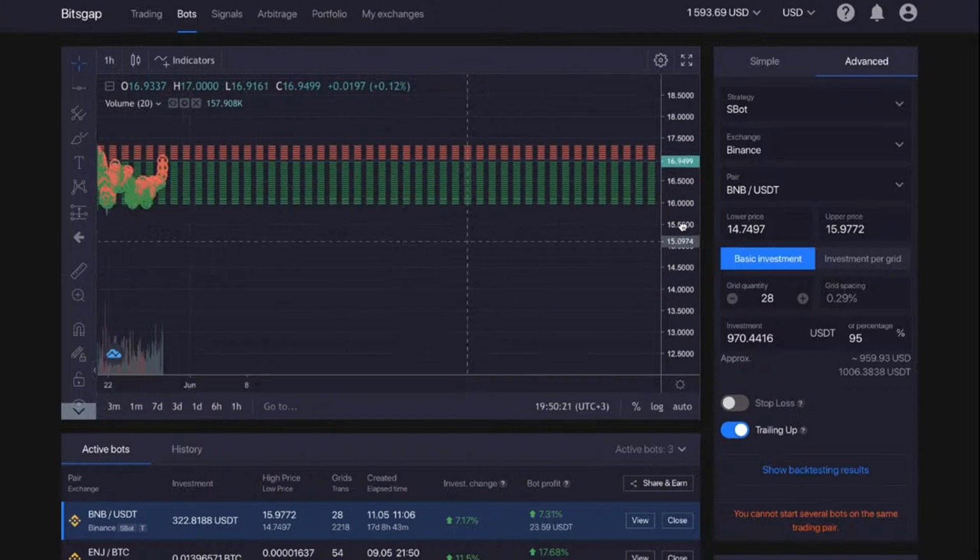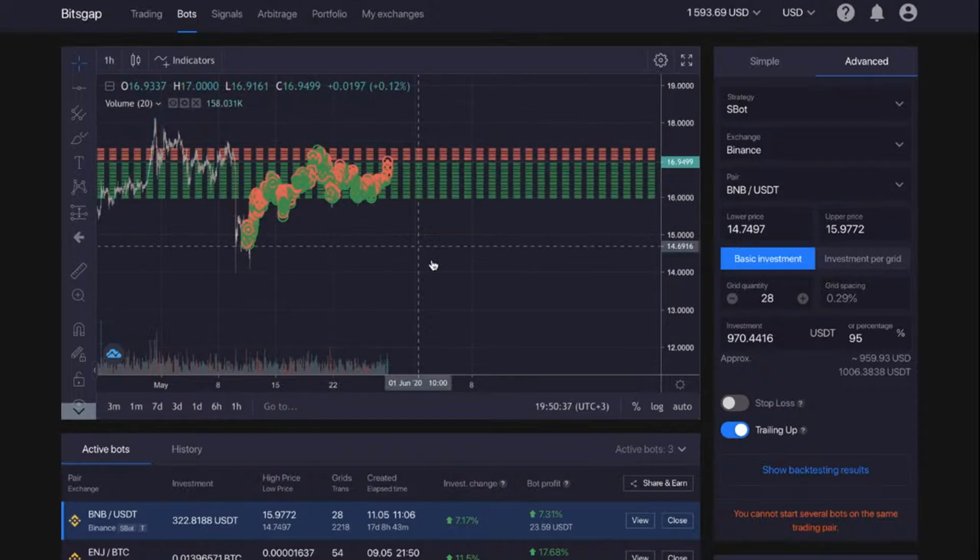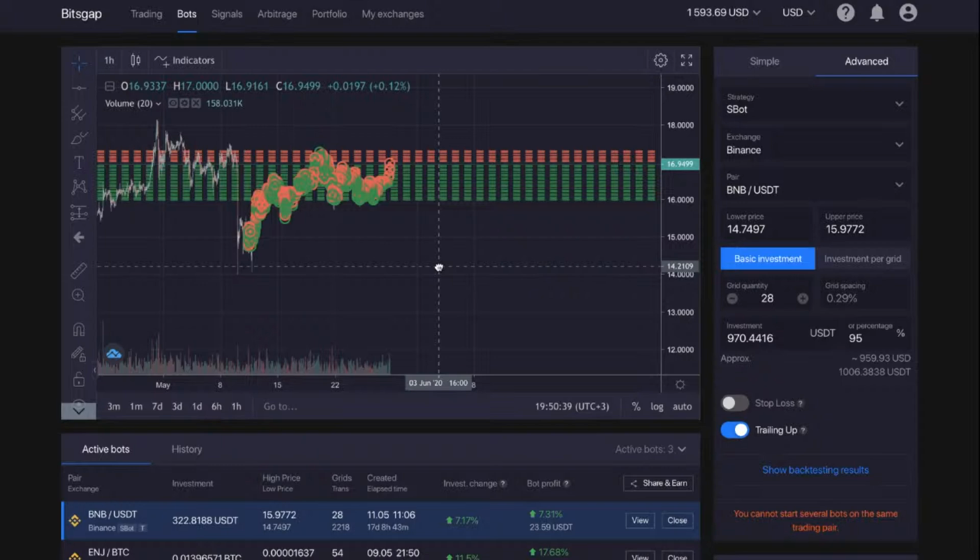That's the way you can participate not only in the price appreciation, not only in the value growth of your base currency, but you can accumulate the profits in the quote currency in this case. So basically you let the bot use your base currency to generate extra profits for you.